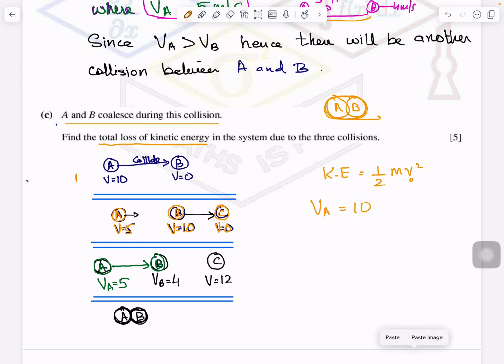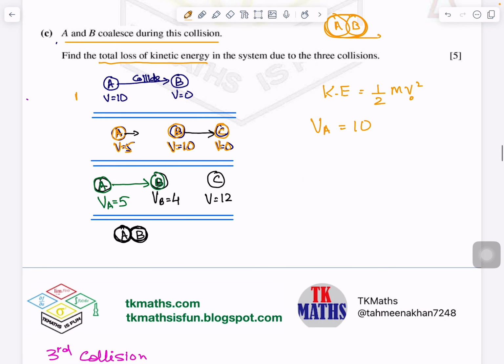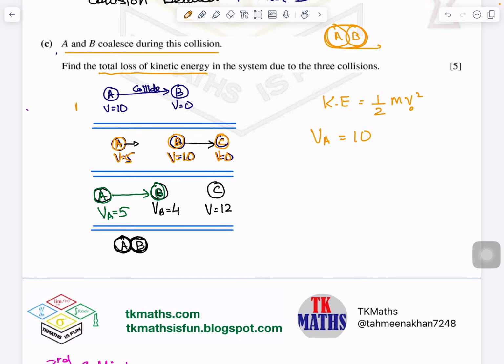Now I will see in the last stage what is the velocity of the particle. That will help me to calculate the loss in kinetic energy. So in the last stage, when A hits B, they became together. I don't know their velocity, I will calculate that. And some of the energy was already transferred to C also, because now C has started moving with velocity 12.